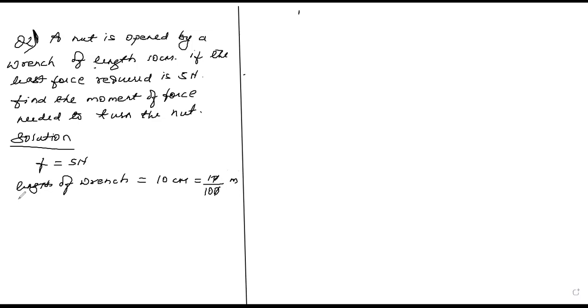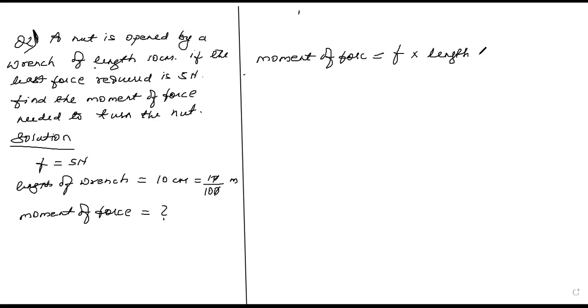Now, what they wanted to find, children, is the moment of force. What is the formula for moment of force? Everybody knows moment of force is equal to force into length of the wrench. Here, length is nothing but distance.